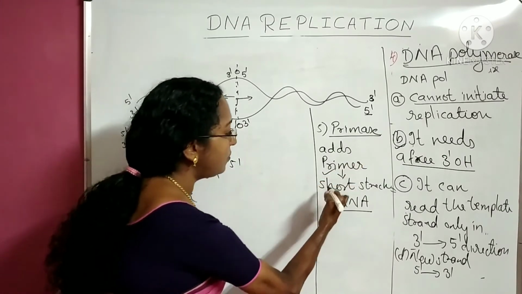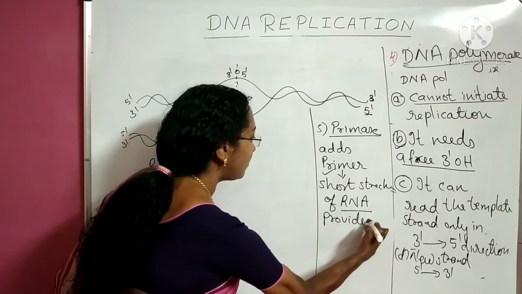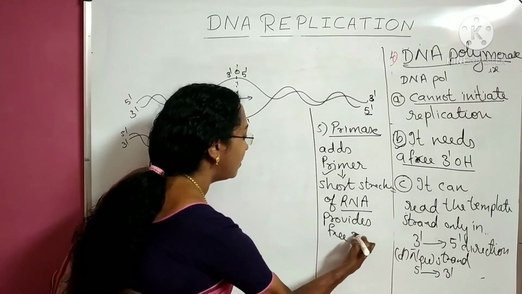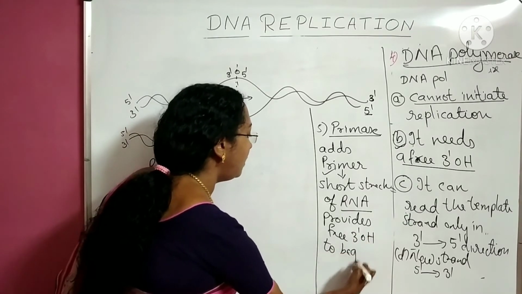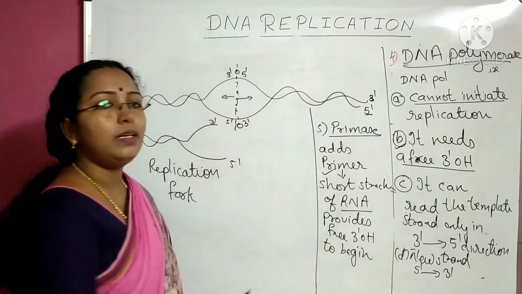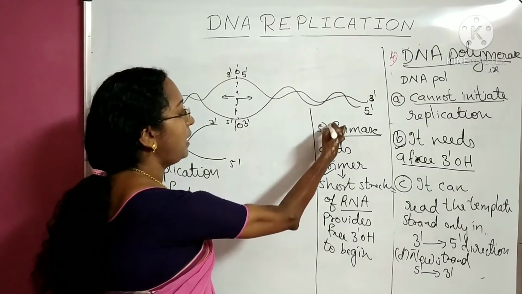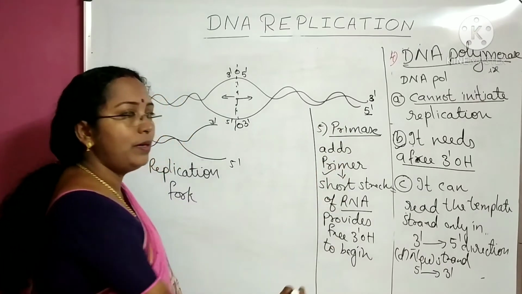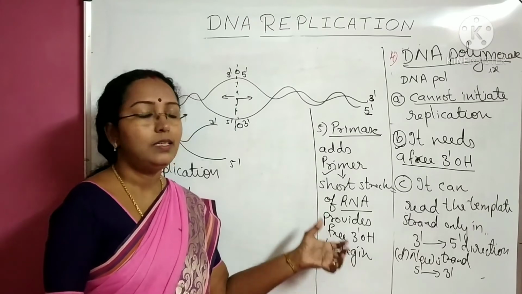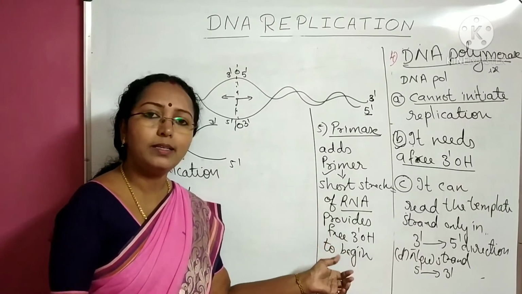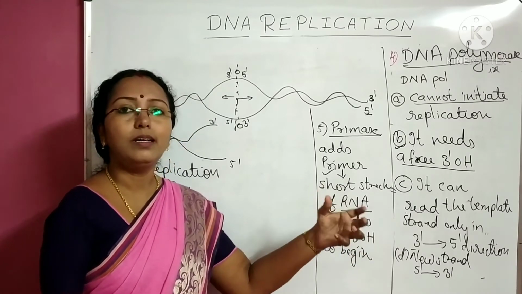So the short stretch of RNA, the primer, provides the free 3' OH to begin the process of DNA replication. Okay, so another enzyme, primase, is adding the primer, and the primer is a short stretch of RNA, and that short stretch of RNA is providing the free 3' OH to begin the process of DNA replication.